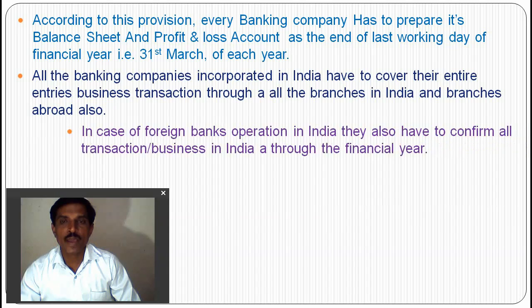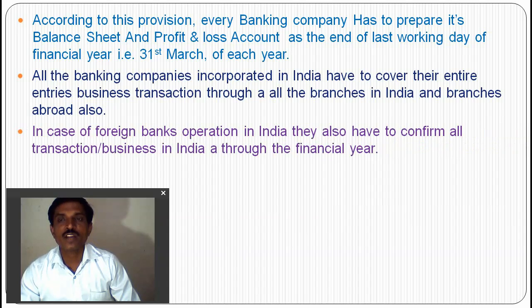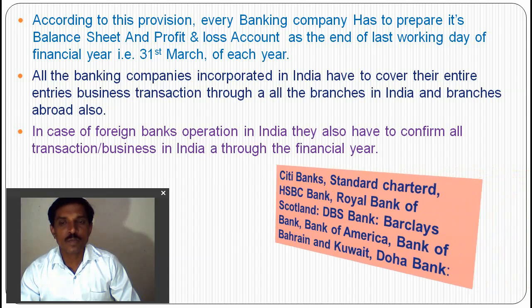In the case of foreign banks operating in India, they also confirm all the business transactions in India through the financial year end of 31st March. Some of the foreign banks we see here: Citibank, Standard Chartered Bank, HSBC Bank, Royal Bank of Scotland, DBS Bank, Barclays Bank, Bank of America, Bank of Bahrain and Kuwait, Bank of Doha.